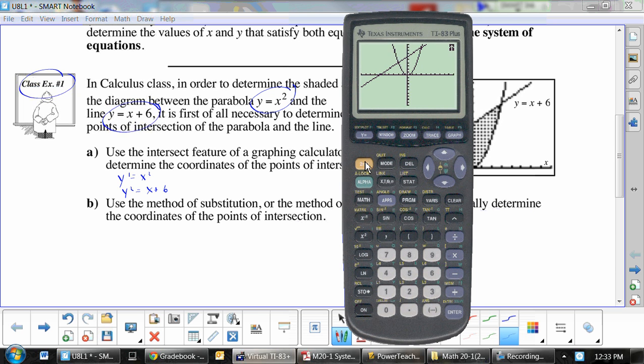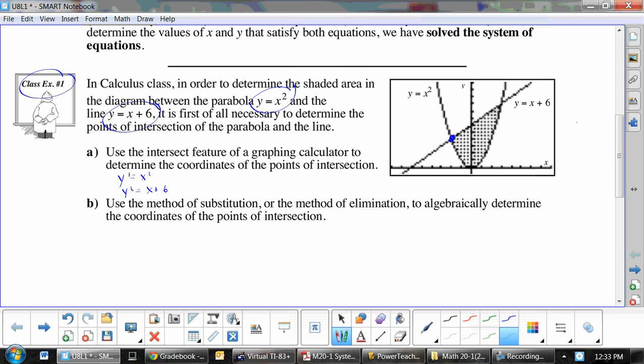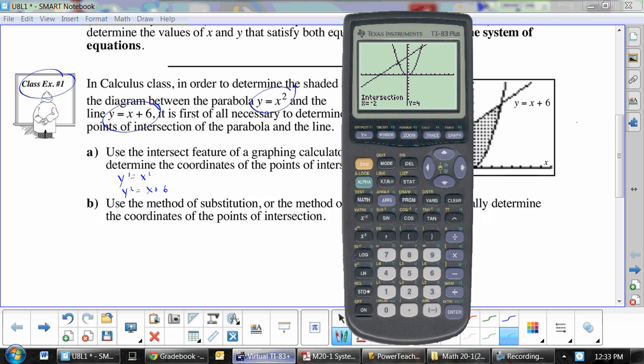And then we find our intersecting points, just like we always have, right? So we go second trace, intersect, enter, enter, enter. We say, okay, well, we have one at -2 and 4. So that's this one here. And then we have the other one. So we just have to move this over really close to it.